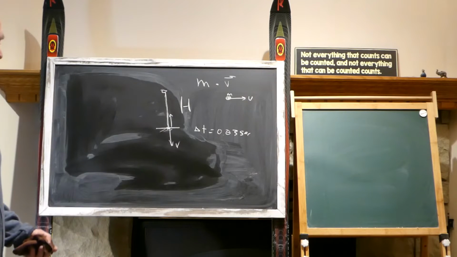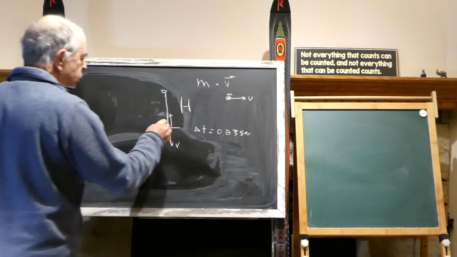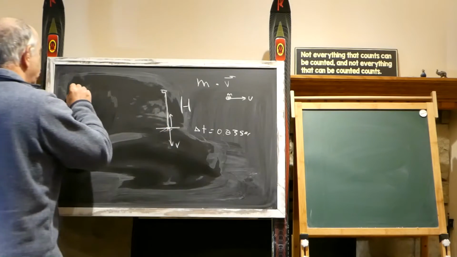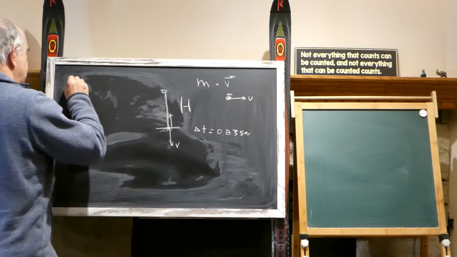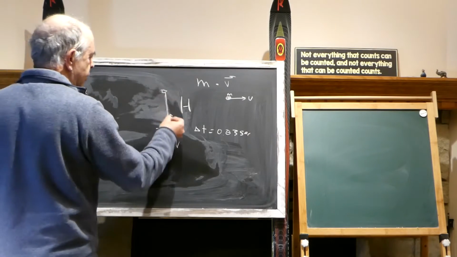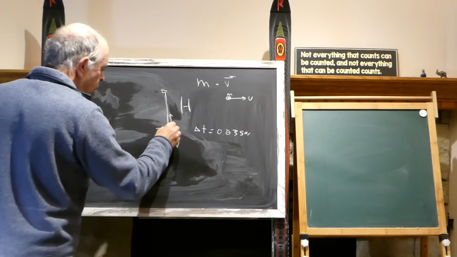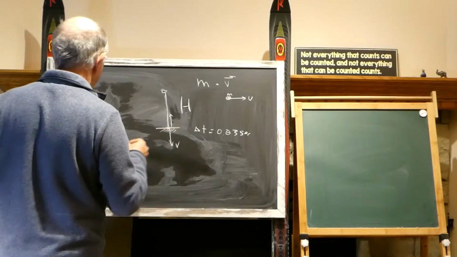So how can we act? They want us to find the average force, so F average that acts on us. Obviously this average is N, the normal reaction of the surface.